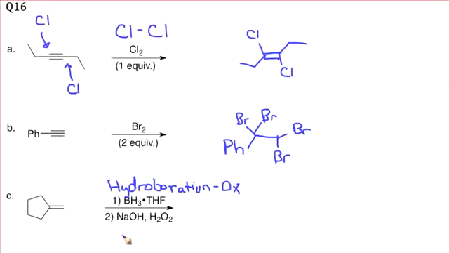Okay, one of the things you have to keep in mind is that hydroboration oxidation adds an H and an OH across that double bond. Also, you need to recognize that the hydroboration is an anti-Markovnikov addition.